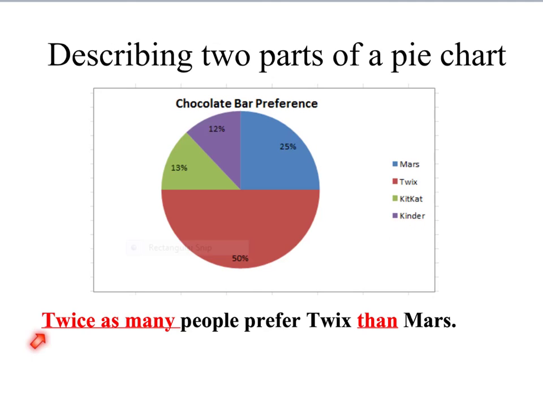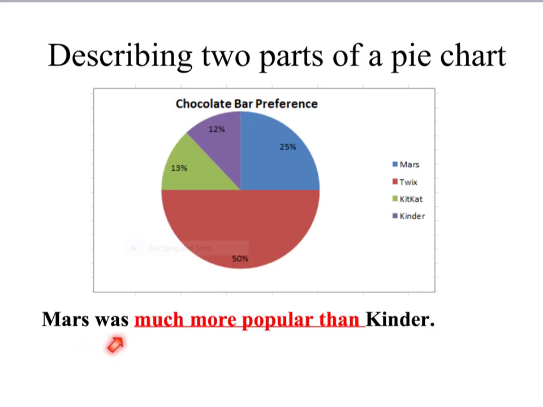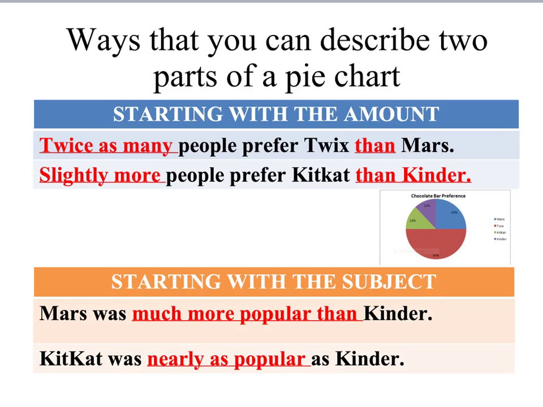Twice as many people prefer Twix than Mars. Slightly more people prefer Kit Kat than Kinder. Mars was much more popular than Kinder. These are ways that I can describe two parts of a pie chart.